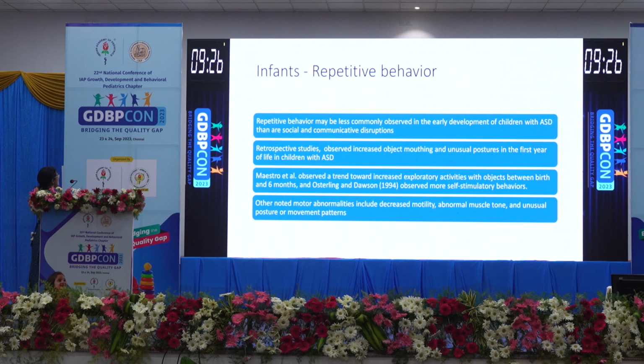But retrospective studies have shown that these babies, in their infant stage, had increased object mouthing, unusual postures in their first year. There was also a trend towards increased exploratory activities with objects between birth and 6 months, and some of them had more self-stimulatory behaviors.